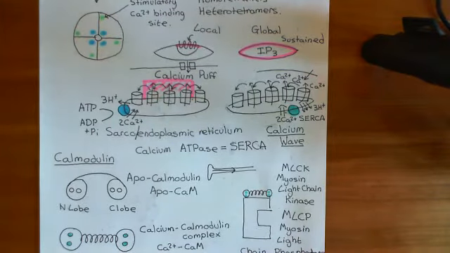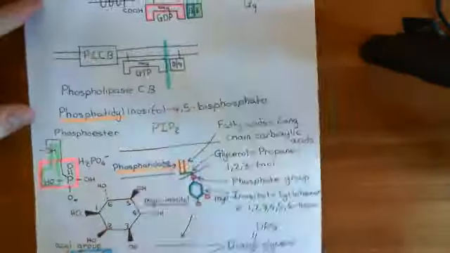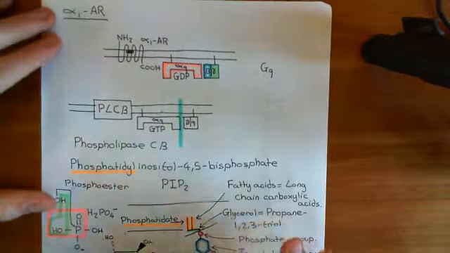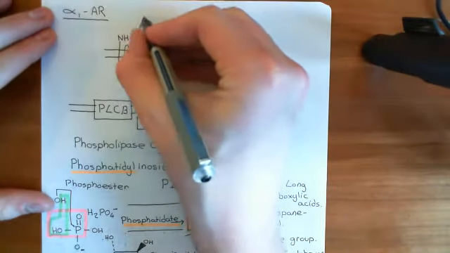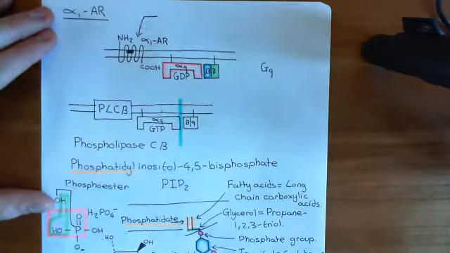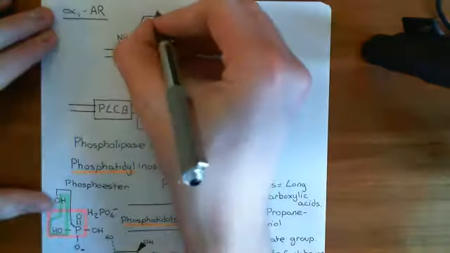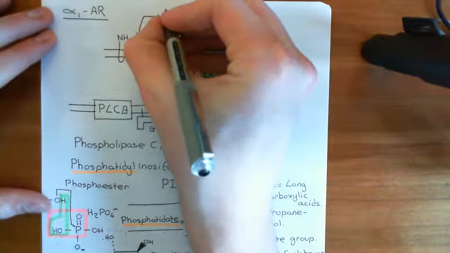Now I just want to discuss a few drugs which act on alpha-1 receptors. So if I go back to the actual picture of an alpha-1 receptor, here it is. So we know that agonists for the alpha-1 receptors include adrenaline and noradrenaline. Those are the endogenous agonists. Let me give you an example of an exogenous agonist.